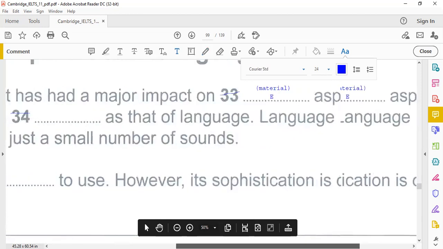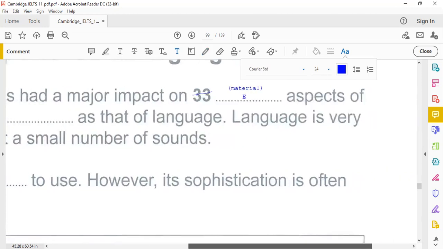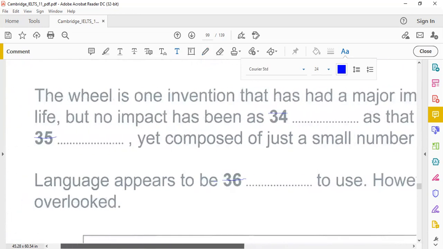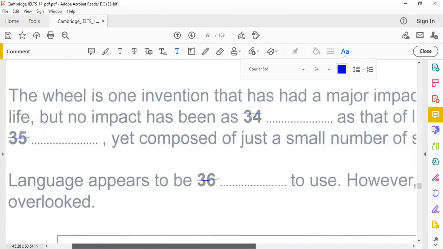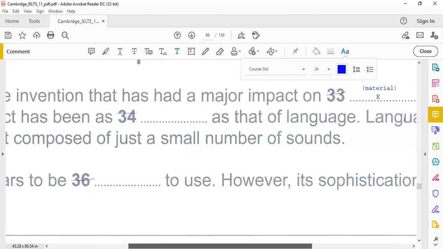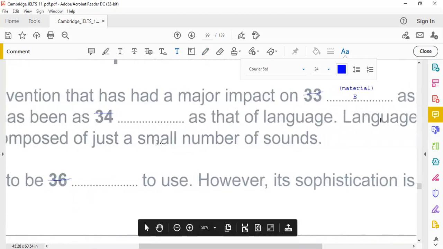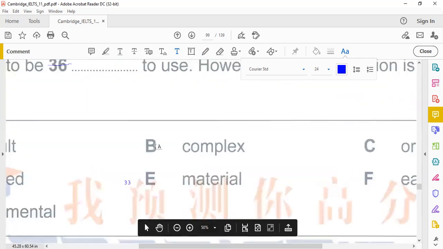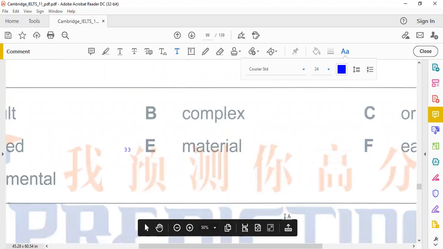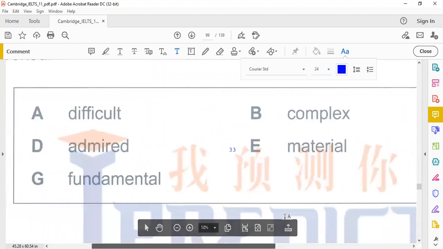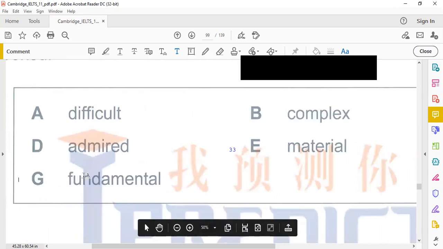34. Okay. Material aspects of life, but no impact has been as dash as that of language. We see the words. This is fundamental. Okay.